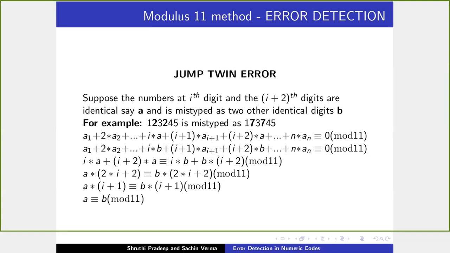If that is fixed, it works. Only then will I have i plus 1 relatively prime to 11, and I can cancel it to get A congruent to B mod 11. Since A and B are just digits from 0 to 9, you get A equal to B. So if you want the jump twin error to work, you fix the length to be less than 10.